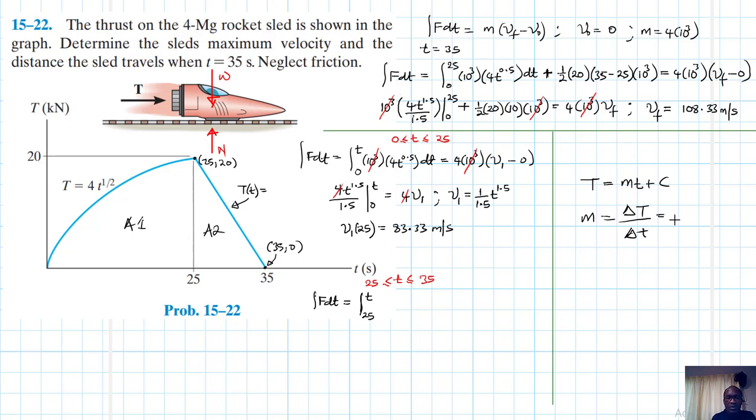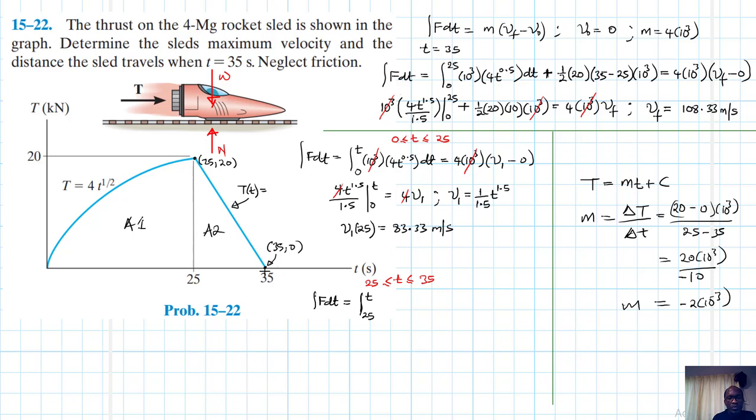So we'll say 20 minus 0, times 10^3, divided by 25 minus 35. So this is just going to be equal to 20 × 10^3 divided by minus 10, so this just becomes minus 2 × 10^3. So this is our gradient.